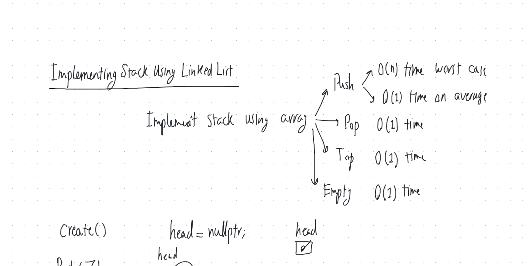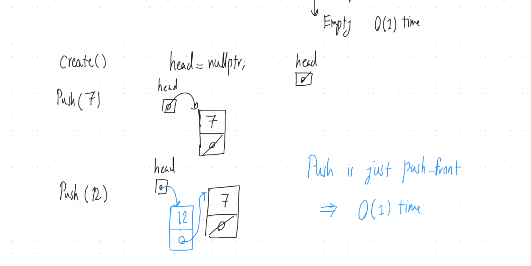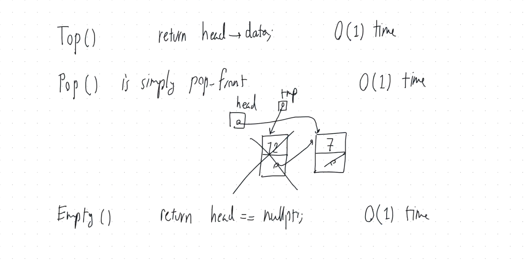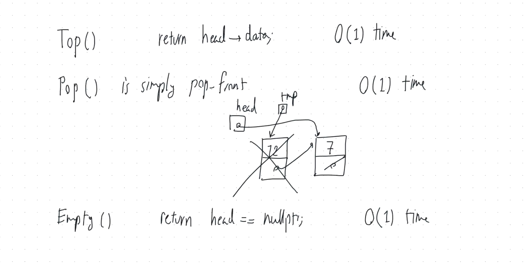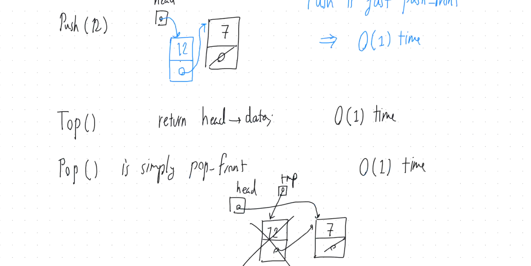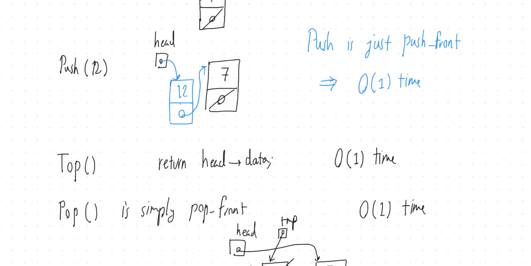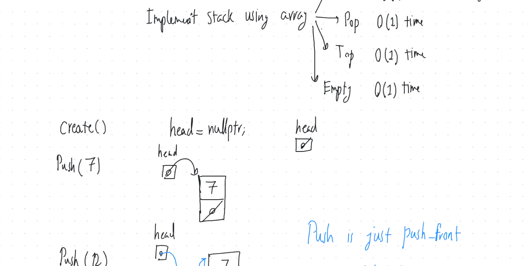But the disadvantage of using a linked list for implementing a stack is the amount of memory that is used, which is almost like double the amount of the memory that is used with an array. And that's because for every key that we have in the stack, we need a pointer that points to the next node, which we didn't have in the first implementation.